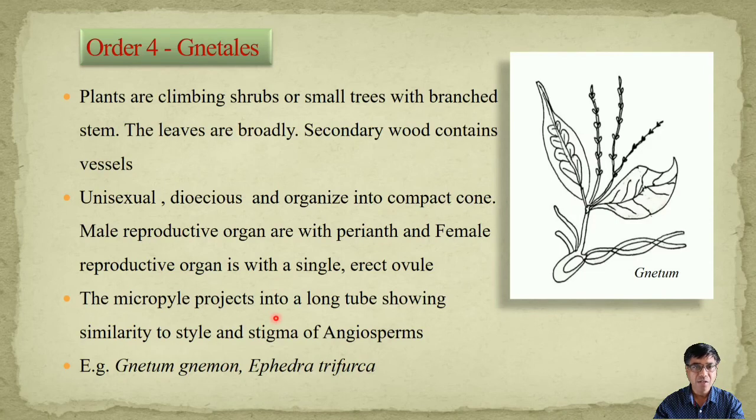Two cotyledons are present in the embryo, means dicotyledonous embryo. The micropyle projects into a long tube showing similarity to the style and stigma of angiosperms. For example, Gnetum, another example, Ephedra species.